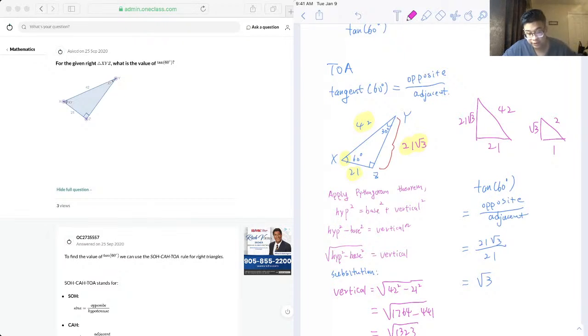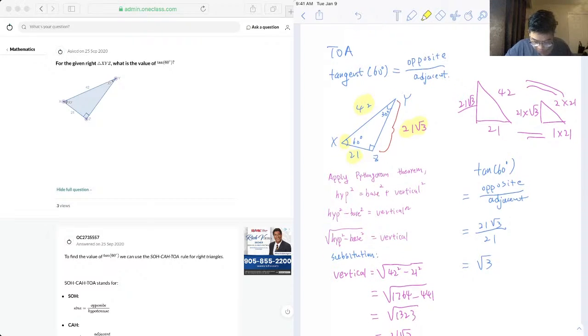So you can tell it just simply times each side by 21. Because 1 times 21 will be 21, root 3 times 21 will be 21 root 3, and 2 times 21 will be 42. So our answer is correct.